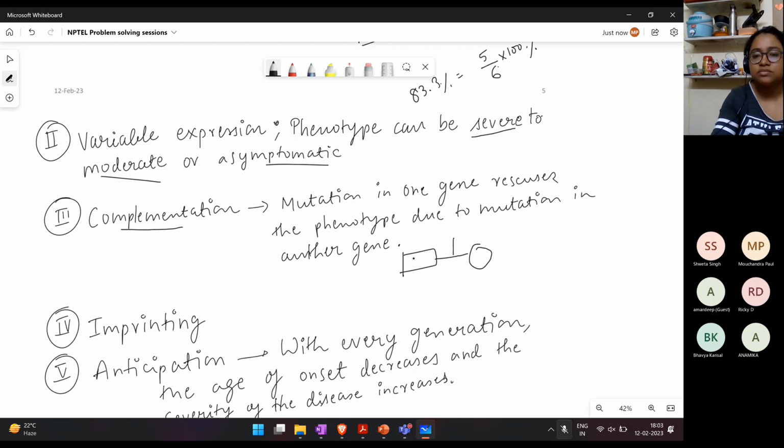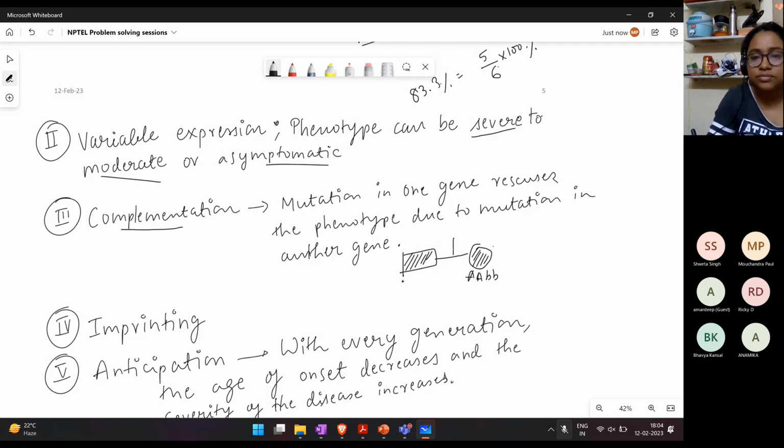She has married into a family, and there is one gene, this capital A denotes a normal gene, but she is having a disease because of mutation of another gene, small b, small b. And he belongs to another family.